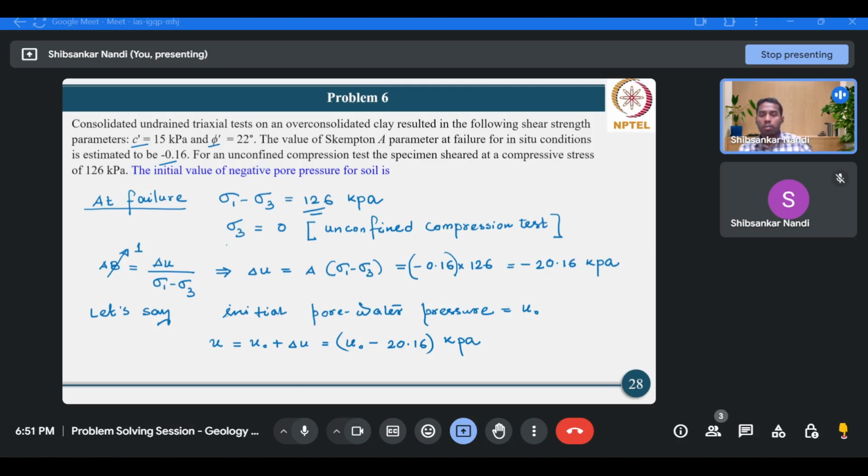Since sigma 3 is 0, sigma 1 is simply 126.